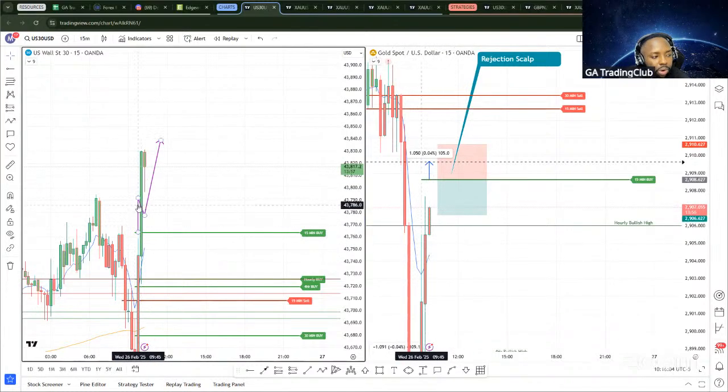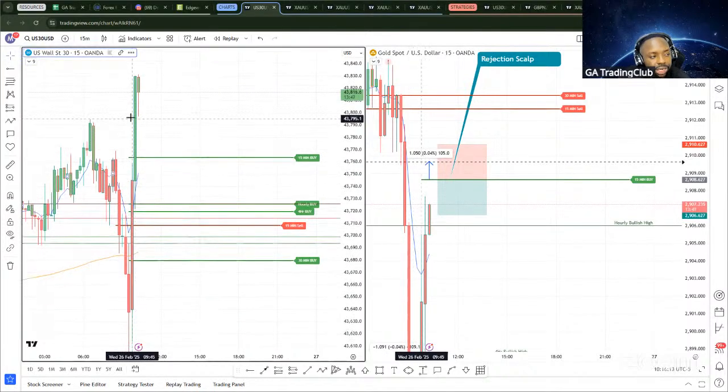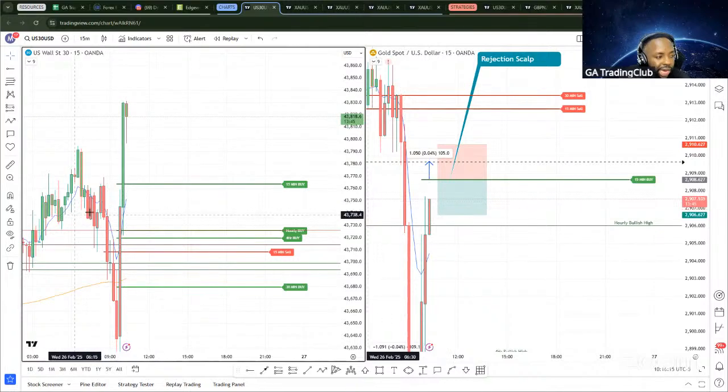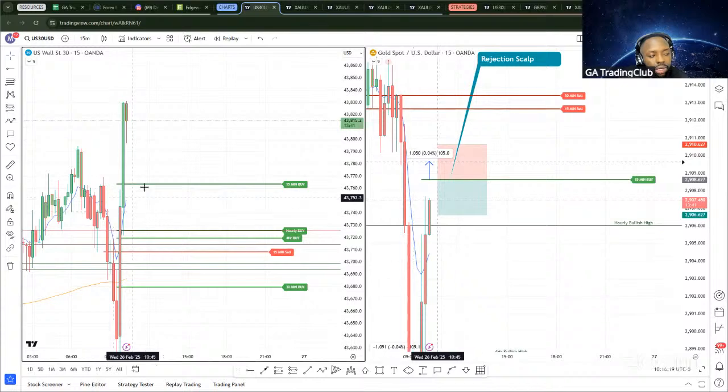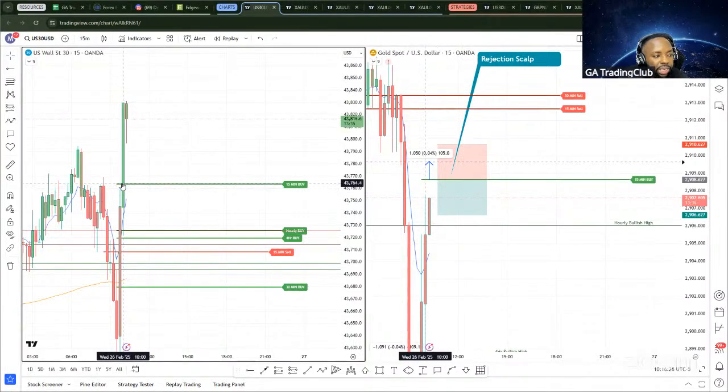Remember, you are assuming that the candle would close under that rejection area, which in this case did not happen. Since that candle closed above it, you would end up deleting your pending order. That's how you trade the rejection scalp: your expectation is that the candle you're trading closes above or below the rejection area.